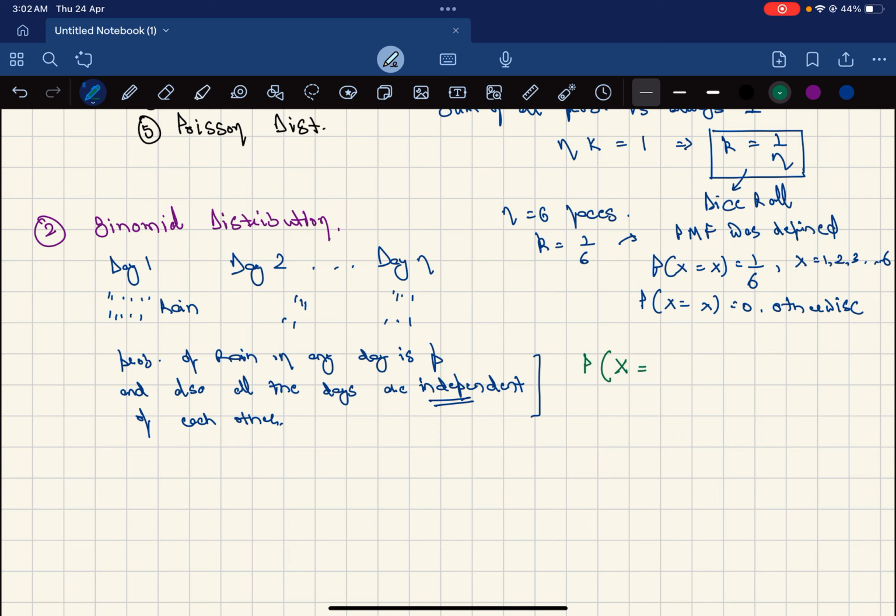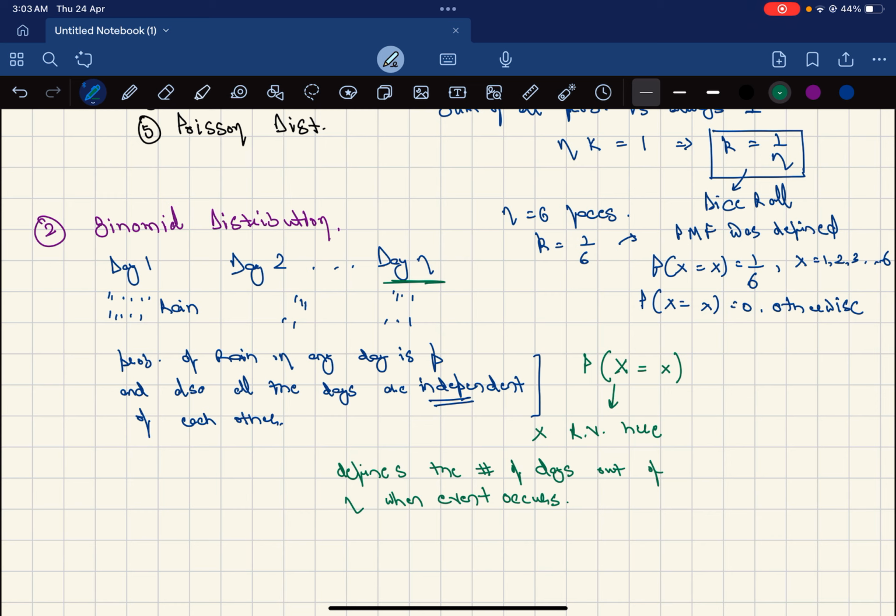X, the random variable in this case, defines the number of days out of n when the event occurs, which means in this case rain happens. So this is a binomial random variable, where the random variable is defined as the number of days or number of trials out of the total n trials in which the event occurs.